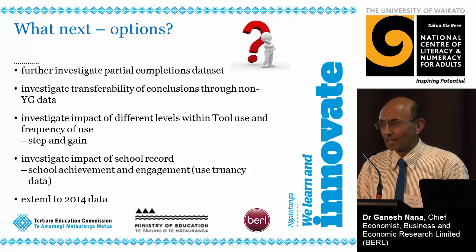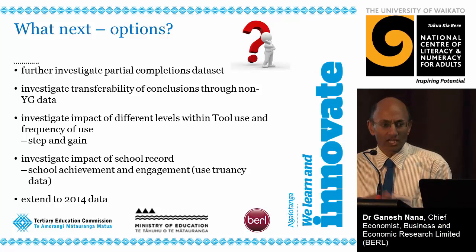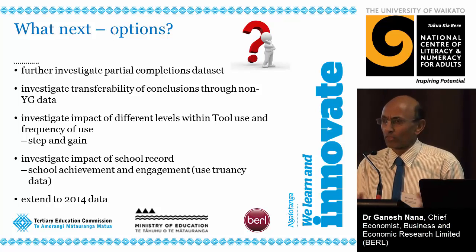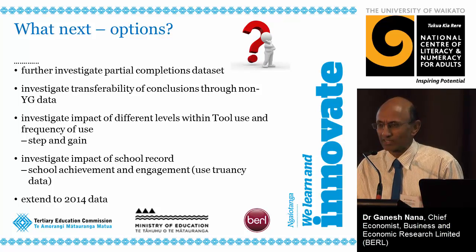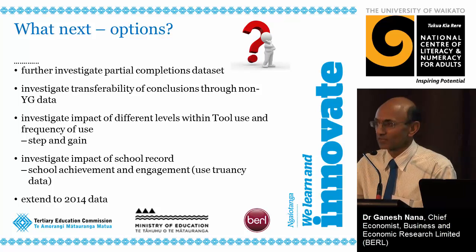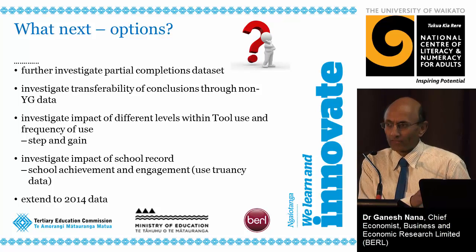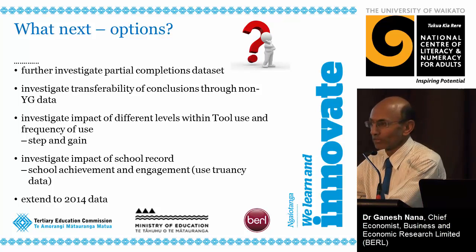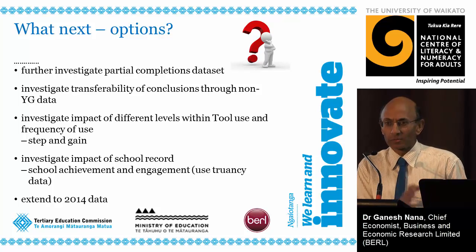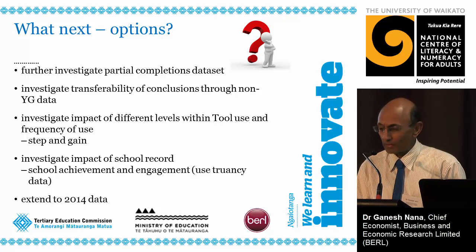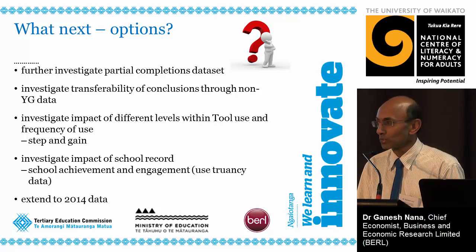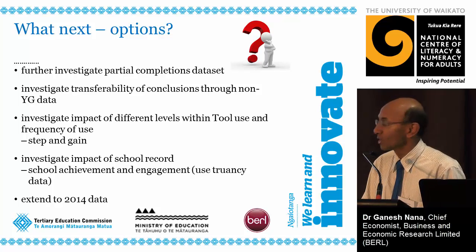We could bring into the equation, and we've got the data, and we did a little bit of pre-linking but it didn't quite work, but it might be useful for outside youth guarantee when you go beyond the 16 and 17 year olds to look at their school engagement record and whether using the tool has made any difference depending on different characteristics. And then of course lastly, we've got 2014 data, so we might as well throw that in as well.